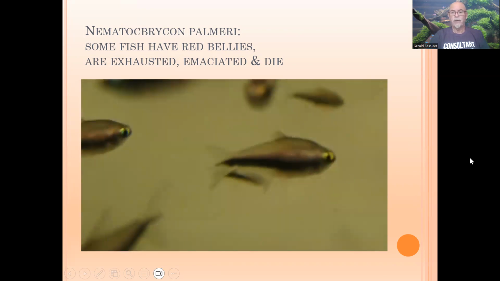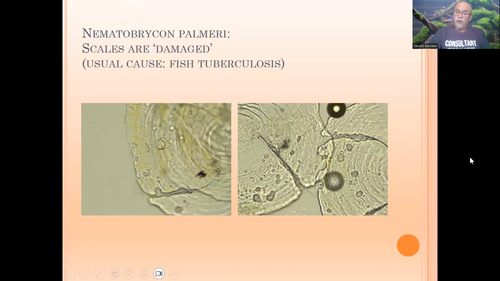Well, and here you see the red marking. We took skin scrapings, and already the scales show these damaged parts. You can see here the deformation. And I learned that this is most likely a cause of an internal Mycobacterium fish tuberculosis infection.